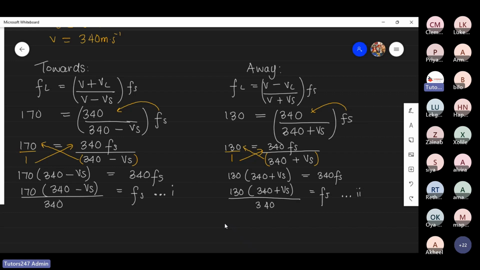We need to find the velocity of the source. So it would simplify things and make our process much faster to solve for the other variable. Therefore, our Vs will be within our equation when we connect both equations.